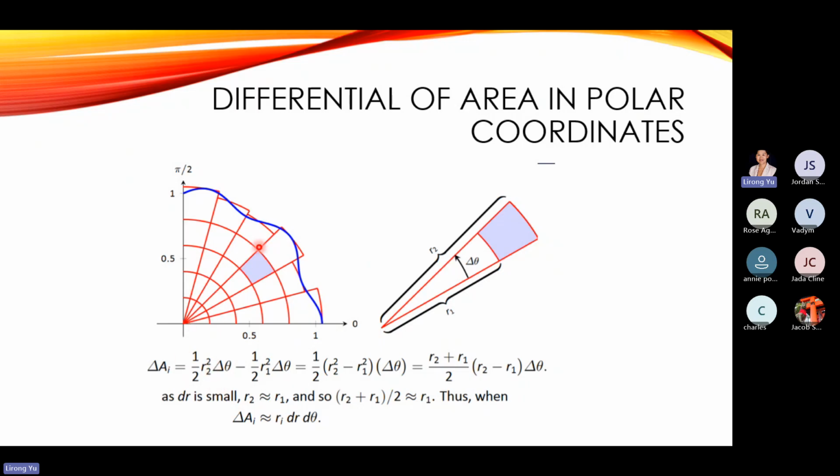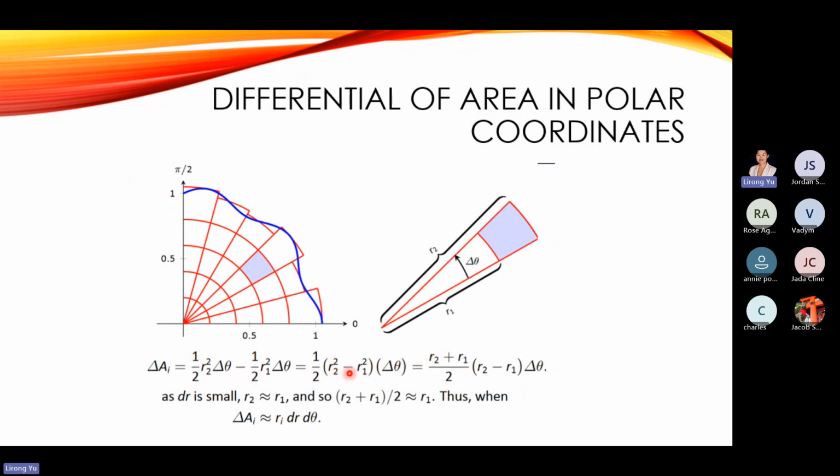So the bigger sector will be 1/2 r2 squared times the delta theta, which is the angle. Then the smaller sector is 1/2 r1 squared times the delta theta. The subtraction of these two is dA, or delta A, the small area calculation. We factor the common factor, which is the angle.